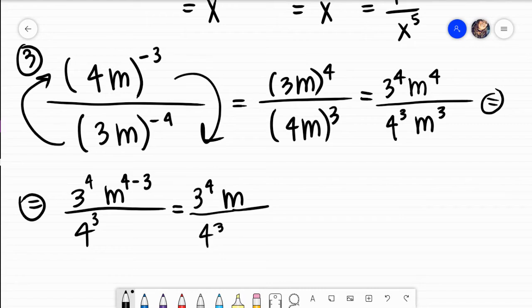Again, I'm not actually computing this. 3 times 3 is 9. 9 times 3 is 27. 27 times 3 would be 2, 4, 6 plus 21. 6 and 2 is 8, 81. M. And then 4 cubed, we have 4 times 4 is 16. 16 times 4, that gives me 40 and 24.